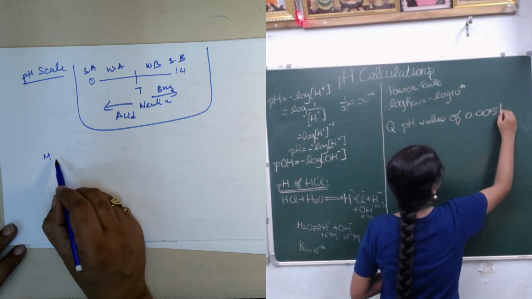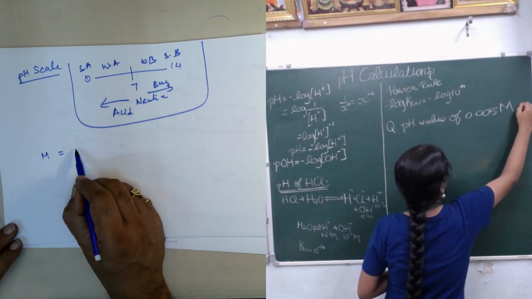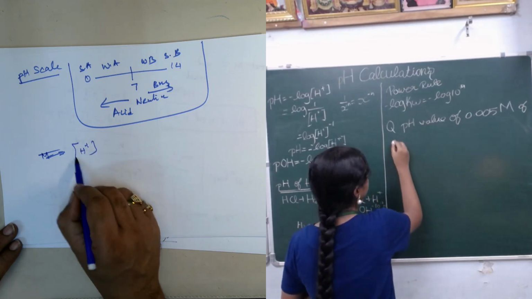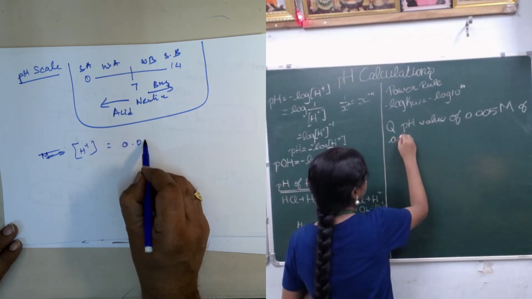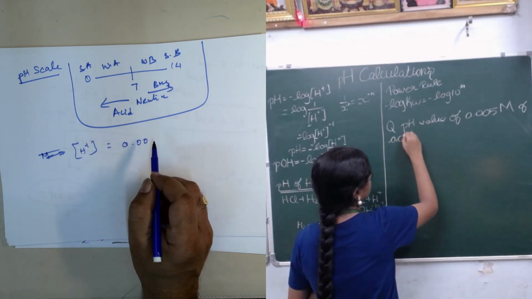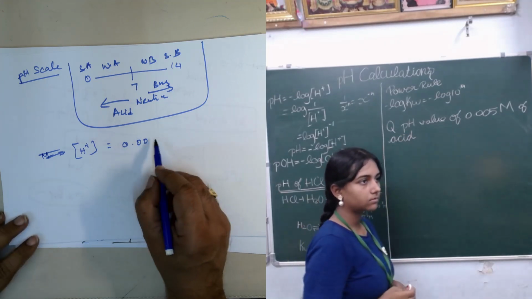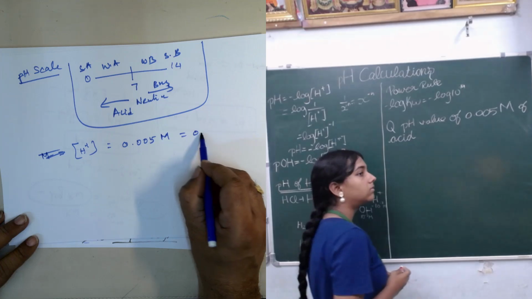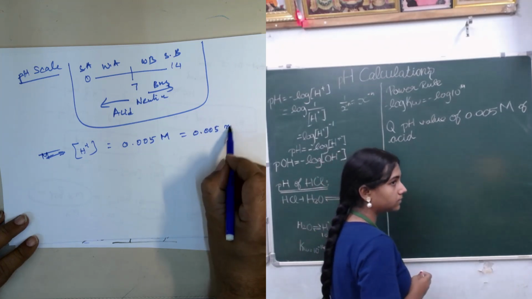So the molarity of acid is given as how much? That is, H plus concentration is given in terms of molarity, 0.005 mole. Molarity means that is 0.005 mole per liter.